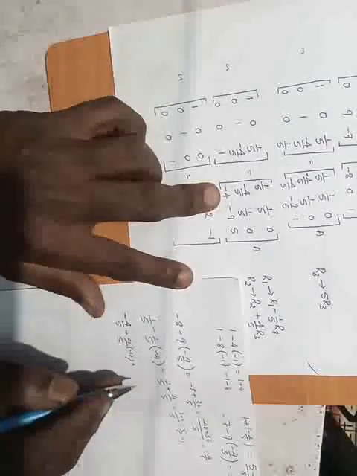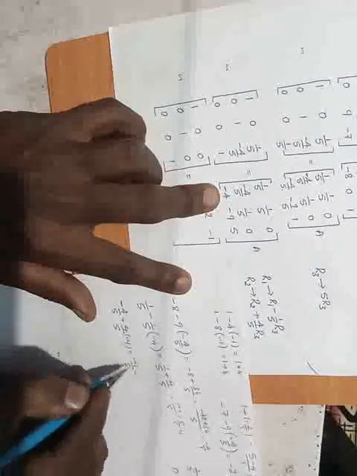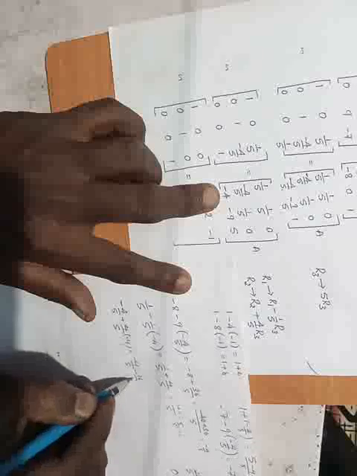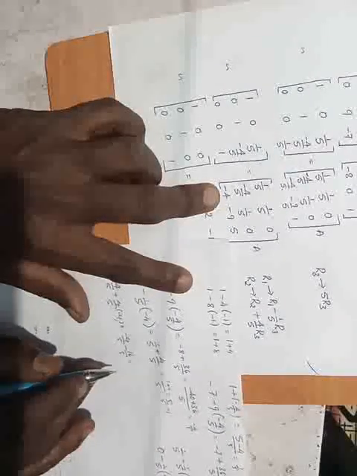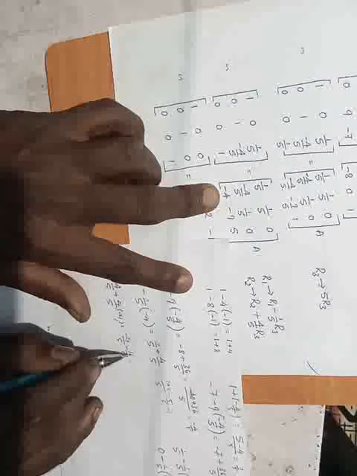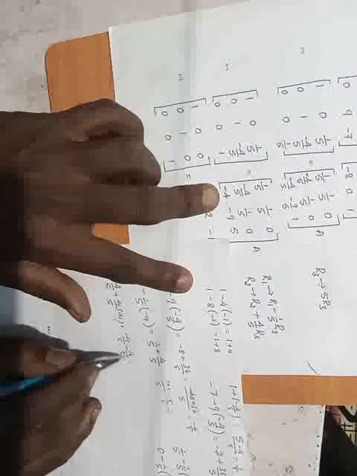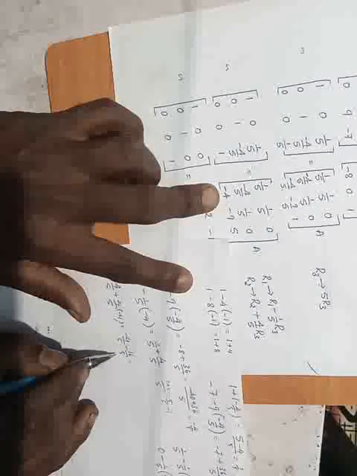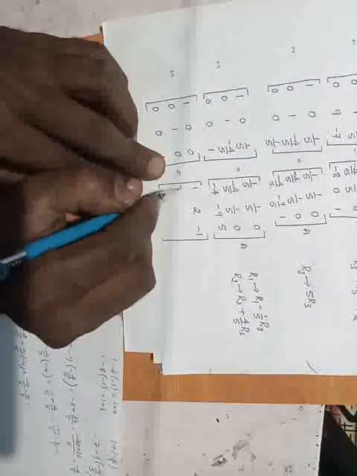If I simplify this, we get minus 4 by 5 minus 16 divided by 5. Minus 4 minus 16, LCM is 5. So we get minus 20. Minus 20 divided by 5, 5 fours are 20. So we get minus 4 here.